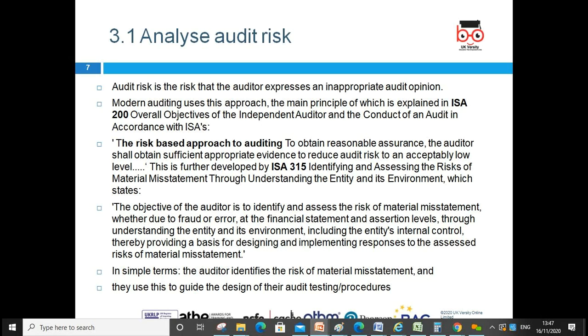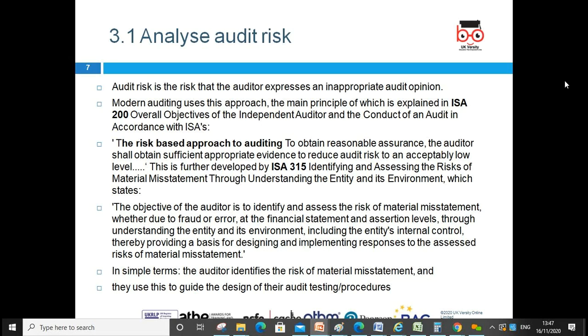ISA 315 covers identifying and assessing the risks of material misstatement through understanding the entity and its environment. The objective of the auditor is to identify and assess the risks of material misstatement, whether due to fraud or error. Error is allowed, fraud is not.